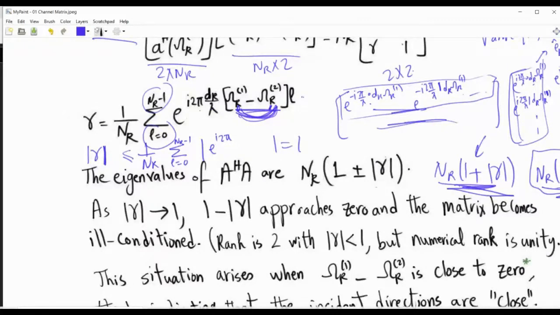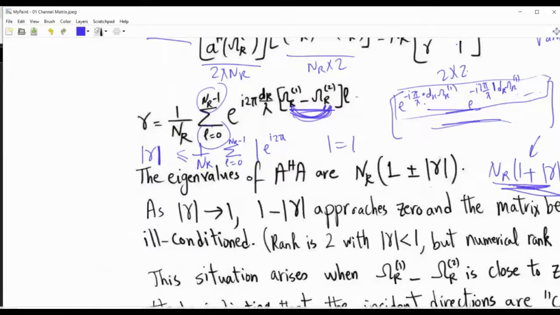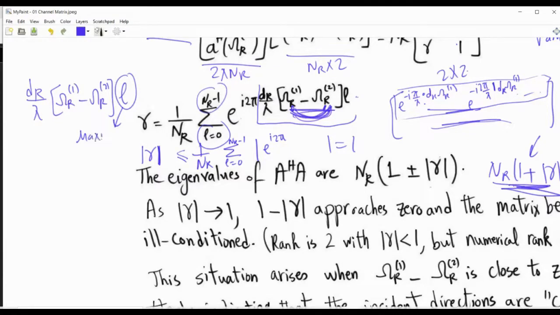Of course, if I say close to 0, how close is close? What do you mean close to 0? So let's see. The problem, if you have this angle, right? If you have e to the i 2 pi multiplied by something, so it's dr over lambda, omega r1 minus omega r2, multiplied by the index L. The maximum index L is nr minus 1.